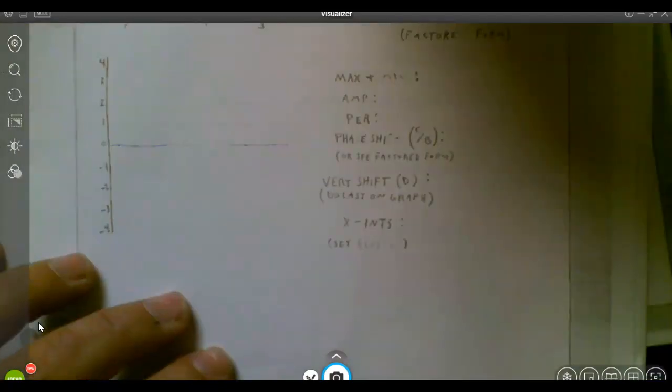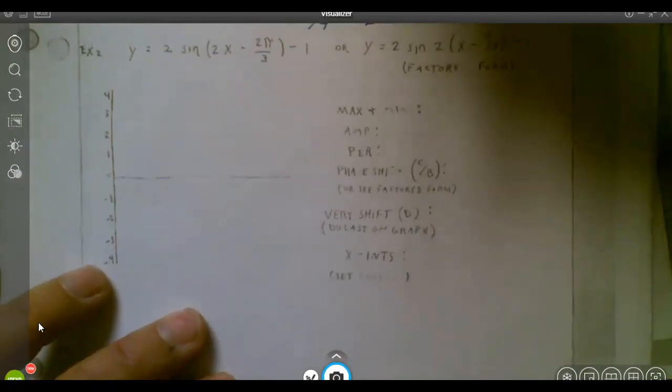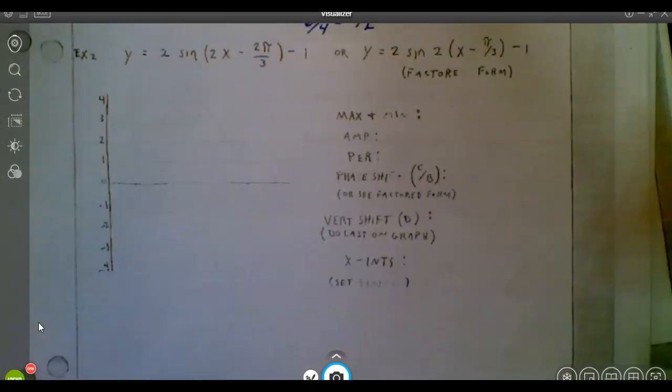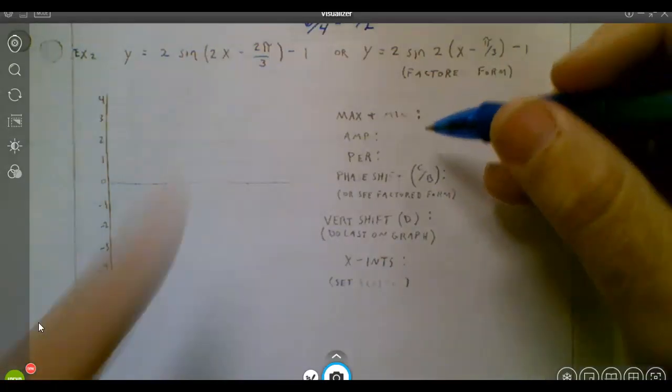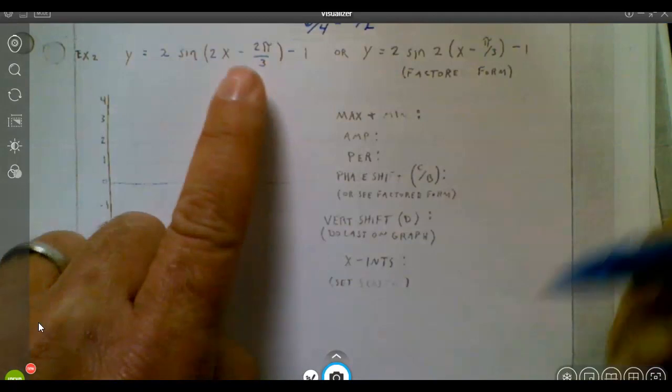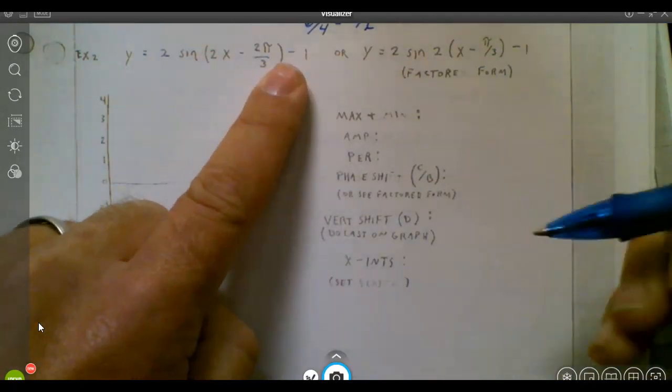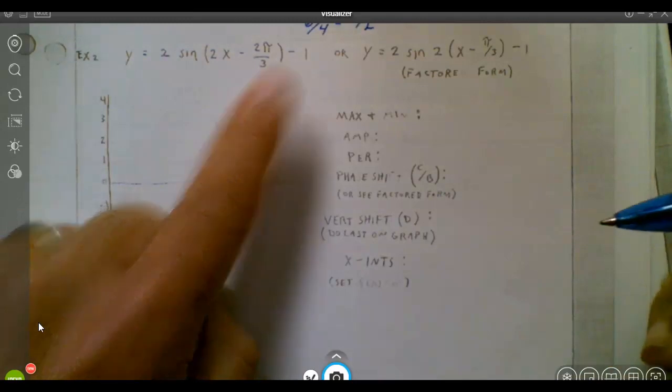Let's jump down to this one, and give you another example. This one comes with a horizontal shift and a vertical shift. So I kind of try to throw the kitchen sink at you with this problem so you could see everything. Let's just start out with the easy parts. For this problem, understand that the midline, the center line of this graph, has now been shifted down 1 unit.